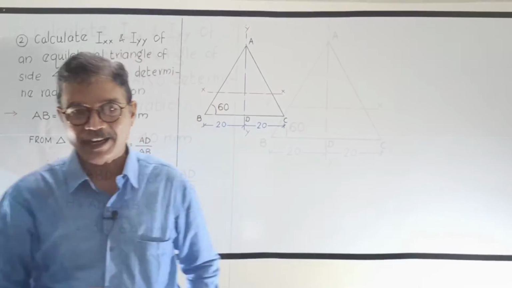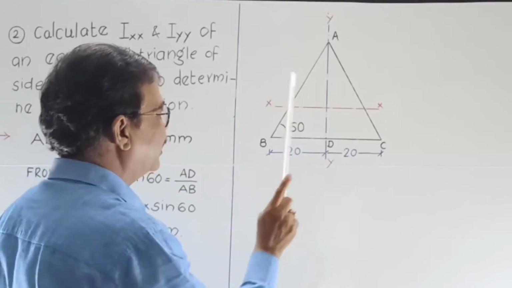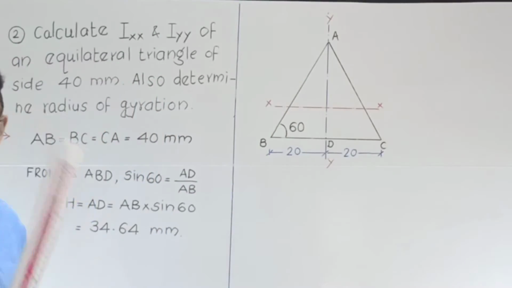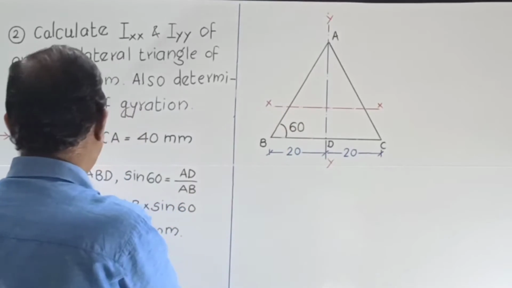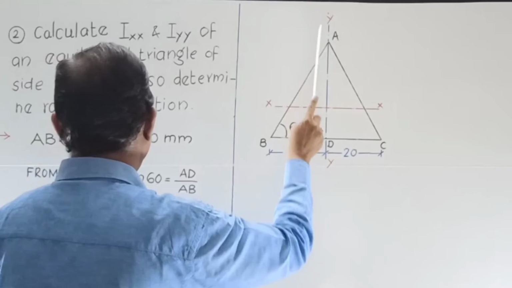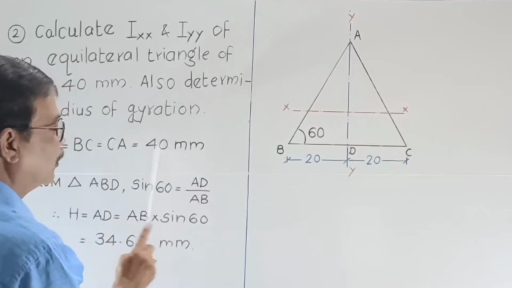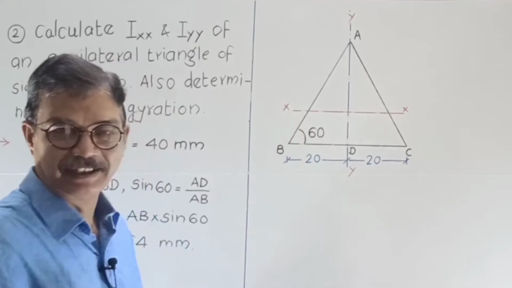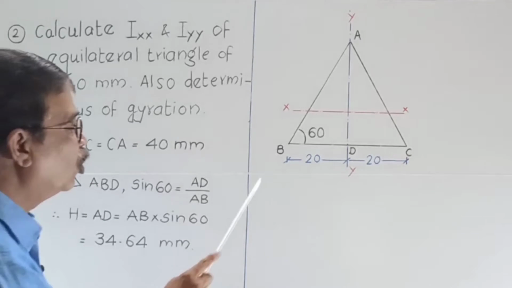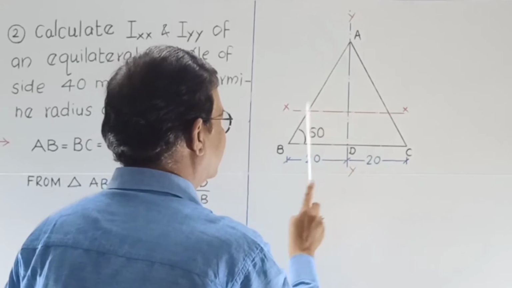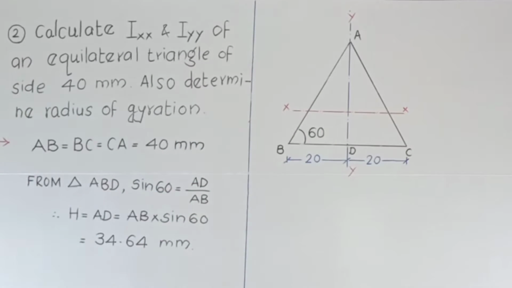Now let us draw ABC, an equilateral triangle. What do you mean by equilateral triangle? All the sides AB, BC and CA are of equal length, that is 40 mm, and all the angles are 60 degrees. That is known as an equilateral triangle.